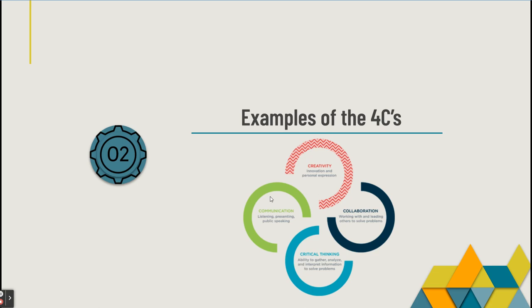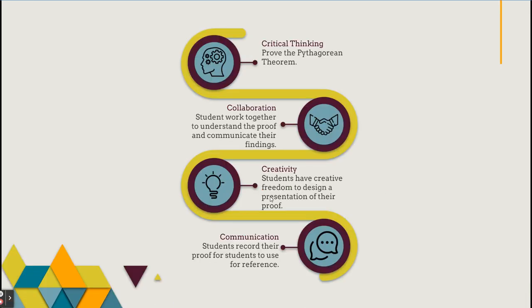So let's take a minute and look at some examples of the 4 C's. The first one is a math idea. Your critical thinking is you're trying to prove the Pythagorean theorem. That requires you to look at data and think critically about something. Your collaboration is students working together to understand.